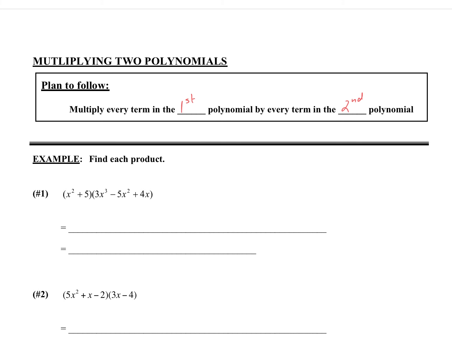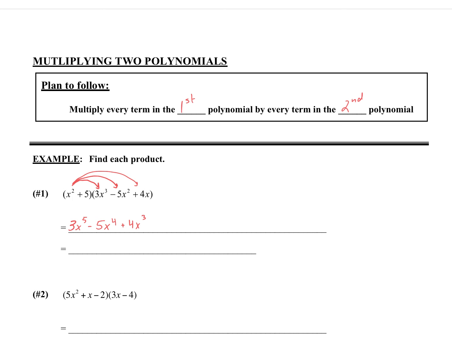So if we look at the first example, we're going to do x squared times 3x cubed. So that would be 3x to the fifth. And then we have x squared times negative 5x squared, which is going to be negative 5x to the fourth. And then x squared times 4x is going to be positive 4x cubed.